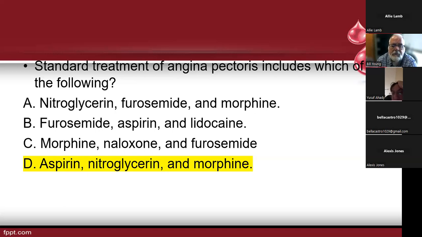Now, Alexis, of these 3 drugs, let's say that you've got your IV started. Let's say that your patient has a good blood pressure, so that's not going to be a problem. Which one of these meds should you give first?